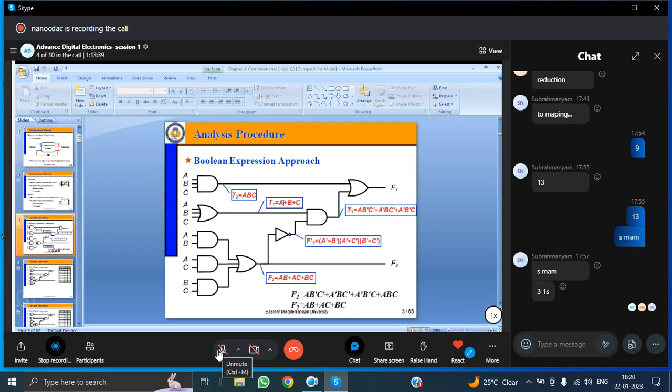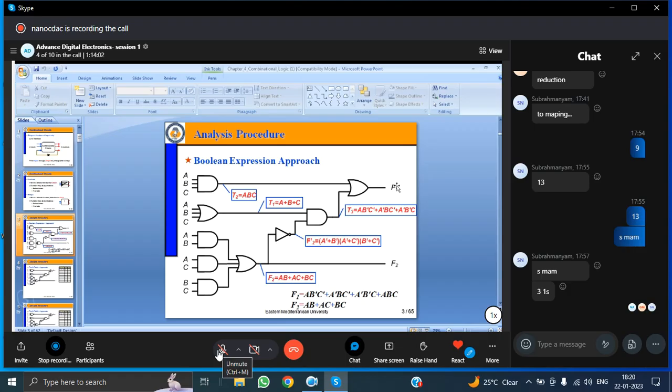So here T1 is equal to A plus B plus C. At the output of this gate, F2, the function 2 is AB plus AC plus BC. And at the output of this particular gate, the function is F2 bar, which is equal to A bar B plus A bar C plus B bar C. And output of this gate, the function T3 will be equal to this one.